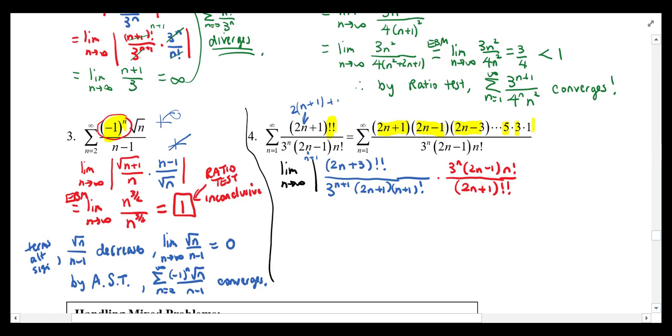Okay, let's try to simplify. Now, I'm looking at these double factorials. I think that just simplifies to 2n plus 3 in the numerator, right?